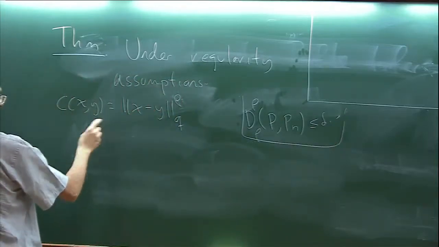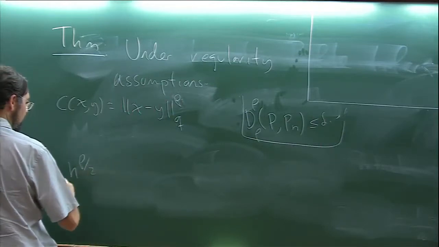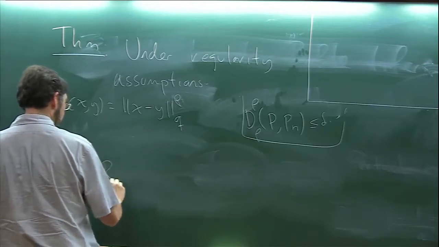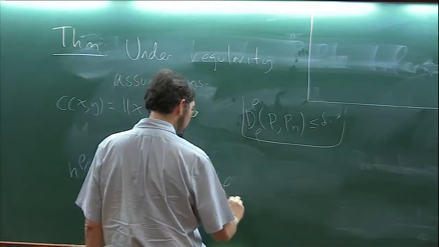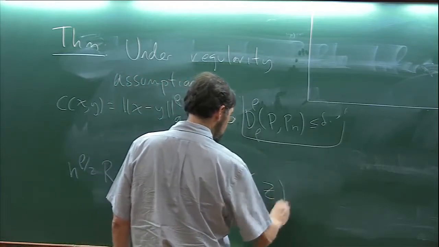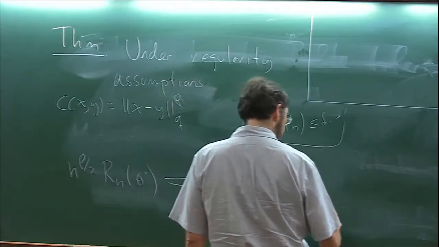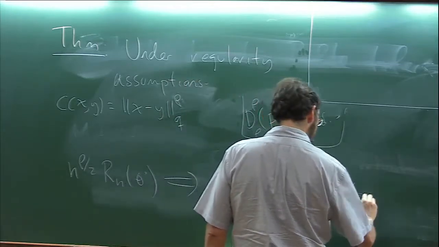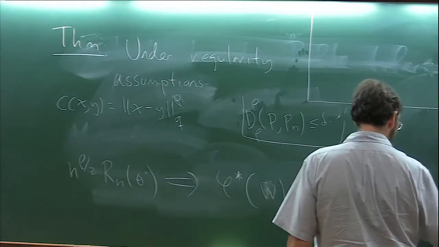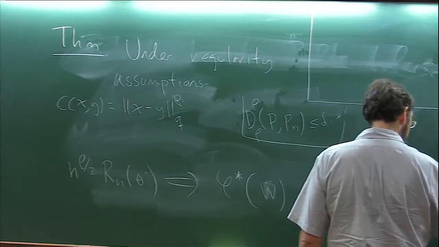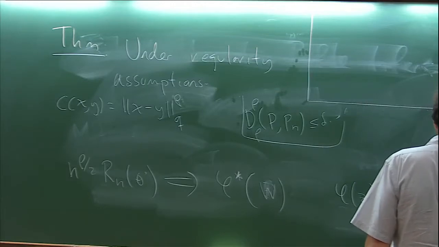This is chosen, then n to the power rho divided by 2, R_n(theta star) converges weakly to phi star of z, or I'm going to write here W, where phi of z is equal to rho minus 1 times the expected value of the norm of the gradient of h of x.